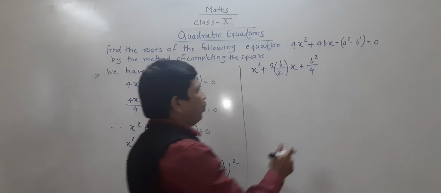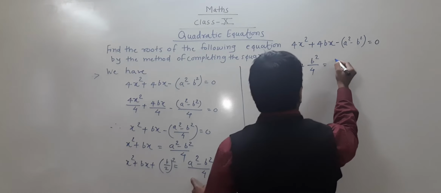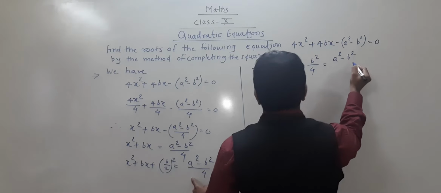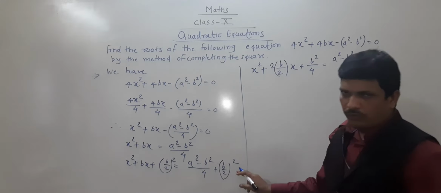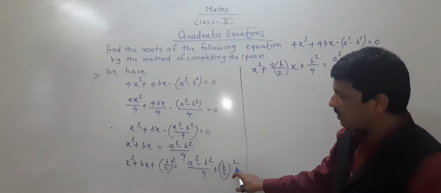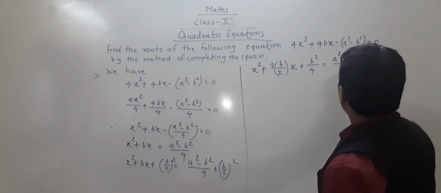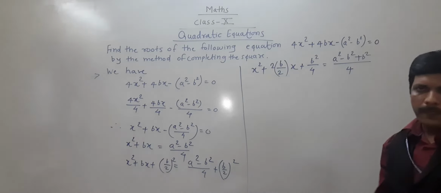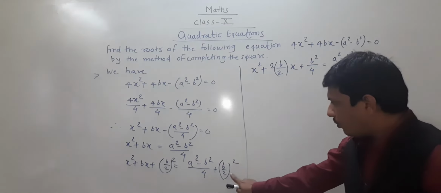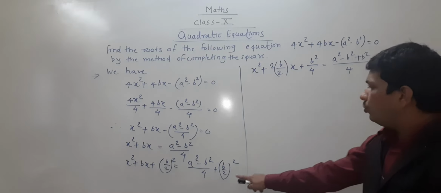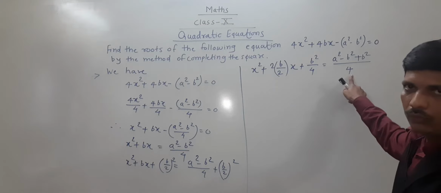Understood? Is equal to a square minus b square. If you take the square of this, you get b square upon 4. So I am directly adding b square upon 4. The denominator is the same, so I have taken 4 only once.